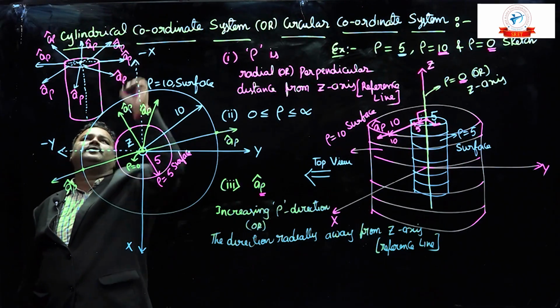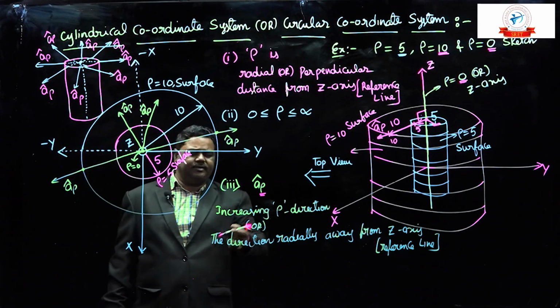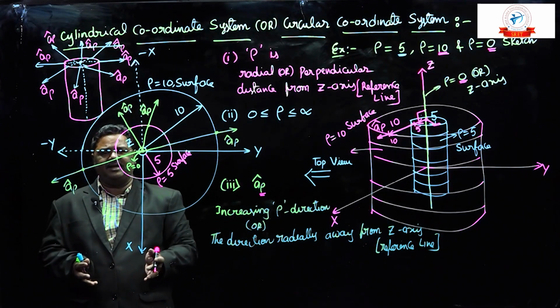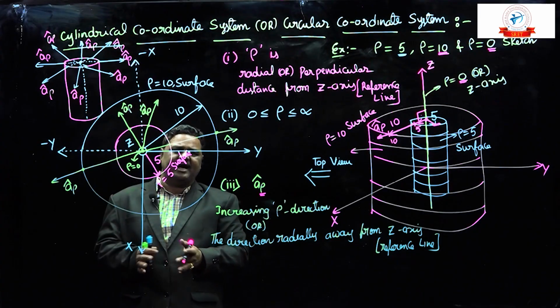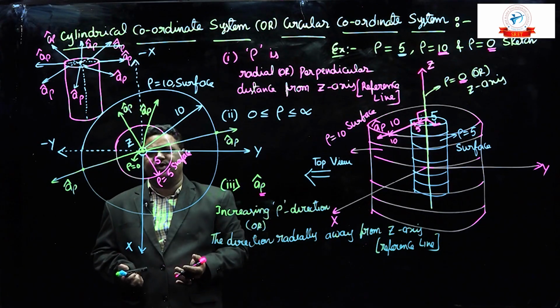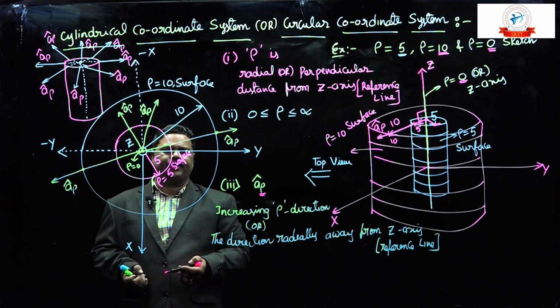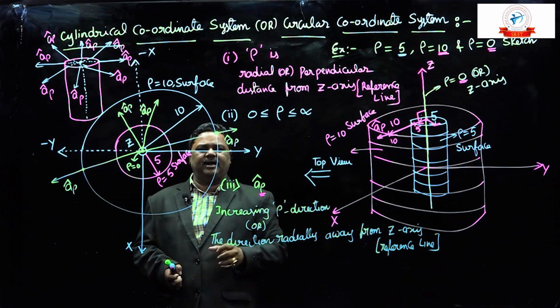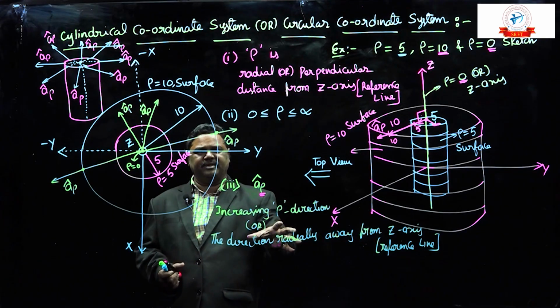So like this, we are going to use the rho coordinate in electromagnetic fields. If any physical quantity is moving radially or perpendicularly away from a reference line, then its direction must be denoted with arrow cap. So these are the important points about the rho coordinate. I think you will understand it better from these 3 points.